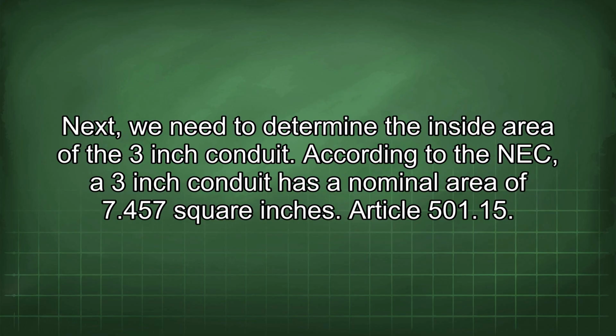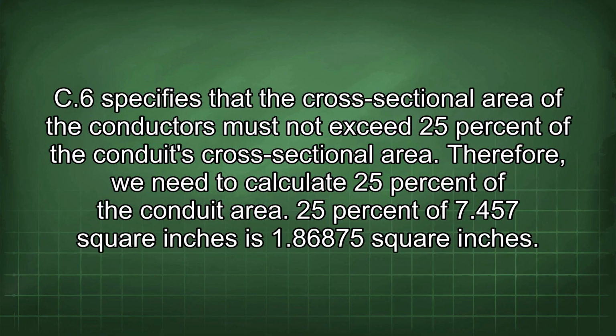Next, we need to determine the inside area of the 3-inch conduit. According to the NEC, a 3-inch conduit has a nominal area of 7.457 square inches. Article 501.15 C6 specifies that the cross-sectional area of the conductors must not exceed 25% of the conduit's cross-sectional area.